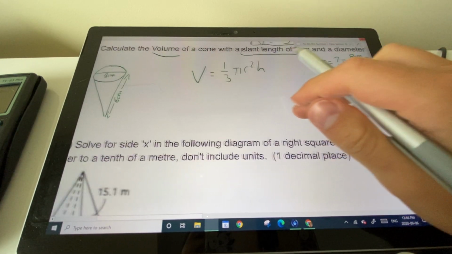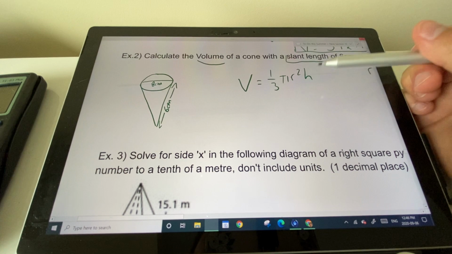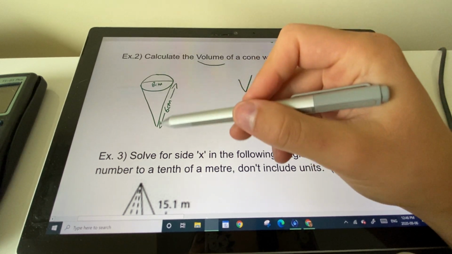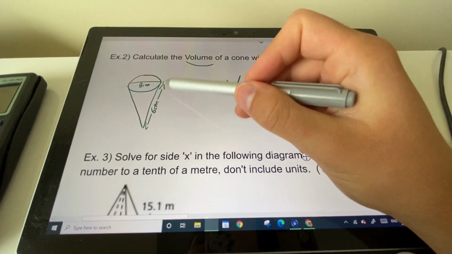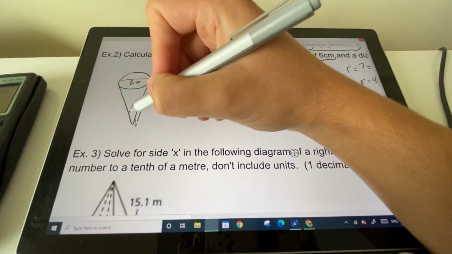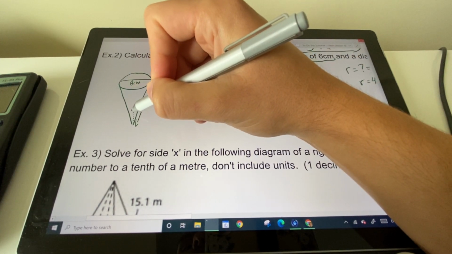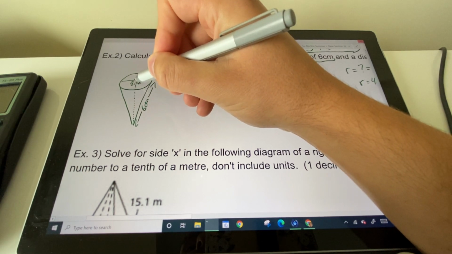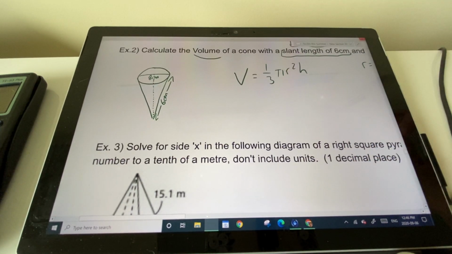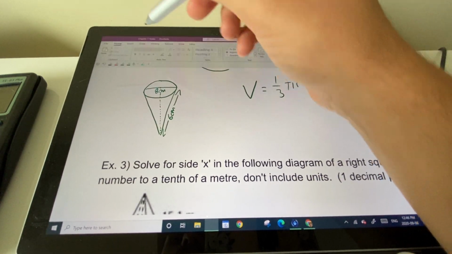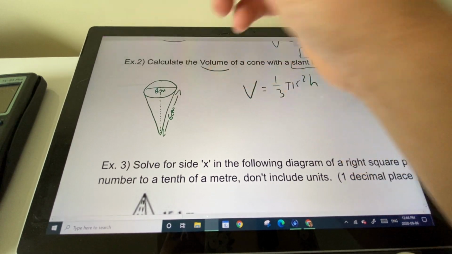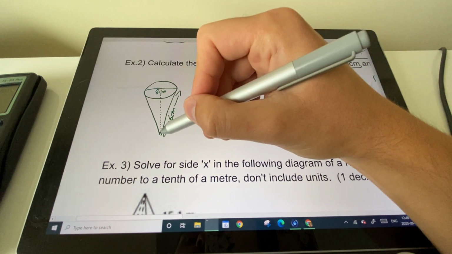Now we need height. Some people might really jump the gun and automatically make this height. But remember, s is slant length, which is what this is. Height is this section here from straight at the top all the way to the bottom. Now, how do we solve for that? We'll recognize that there is a right triangle going on here.